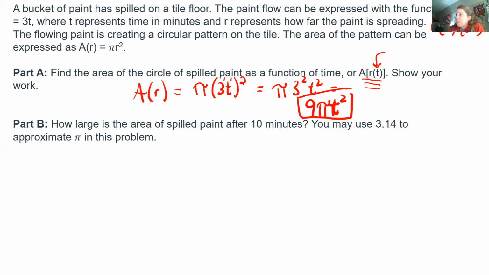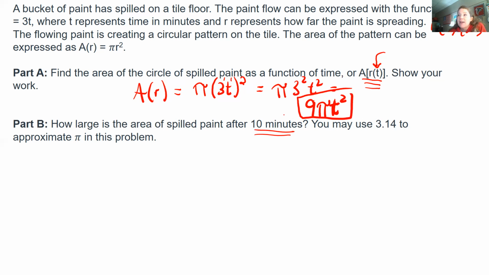Okay, so that's the answer for part A. All right, letter B. How large is the area of spilled paint after 10 minutes? What is t? t is time, right? So we're going to substitute 10 for our t.